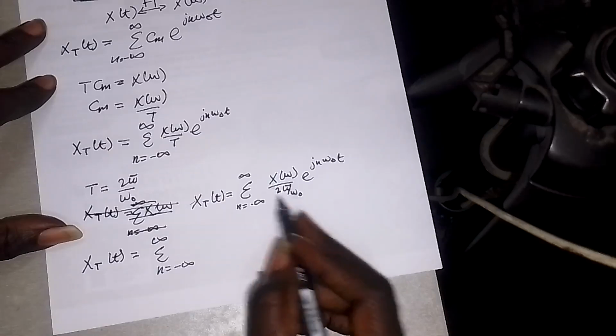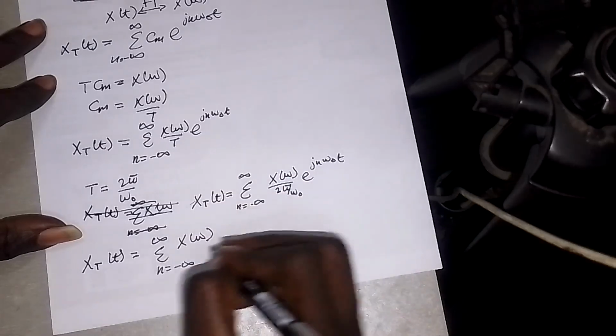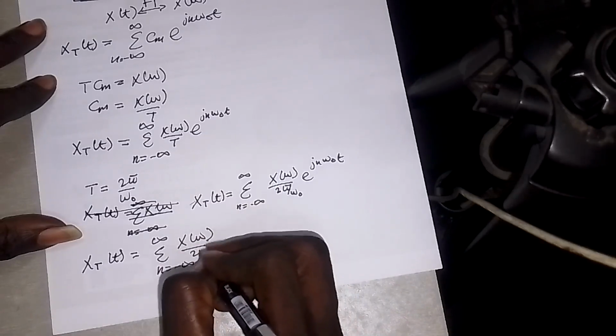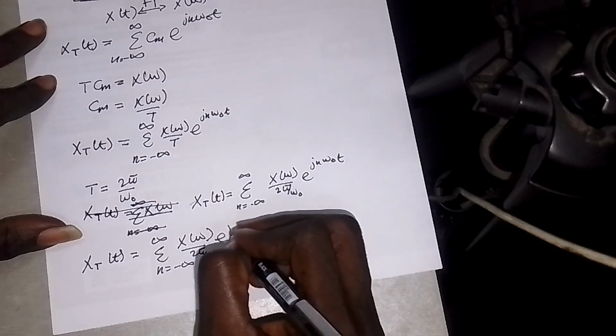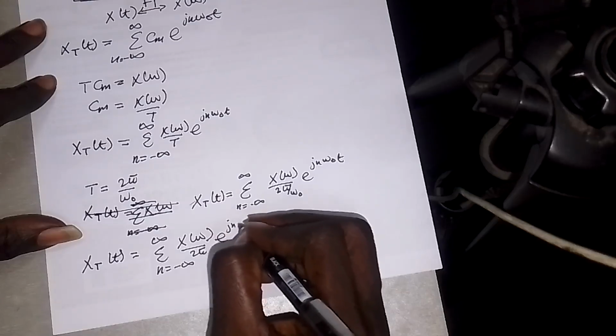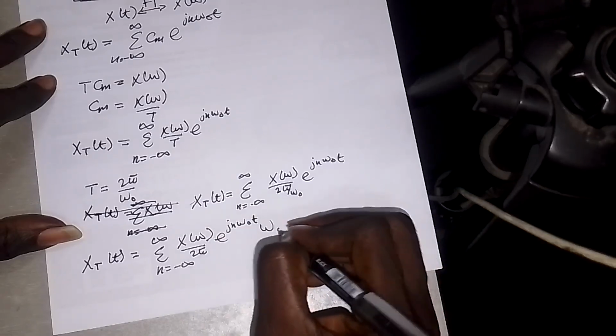If I reciprocate this, then x of t equals the summation from n equals negative infinity to infinity of X of omega over 2 pi, into e^(j n omega naught t), into omega naught.